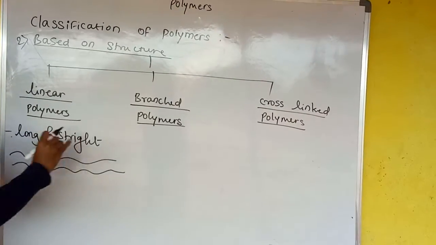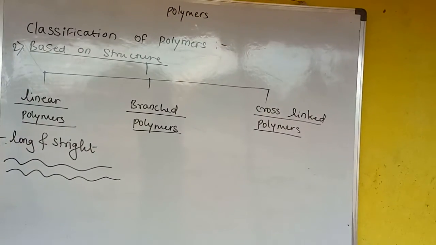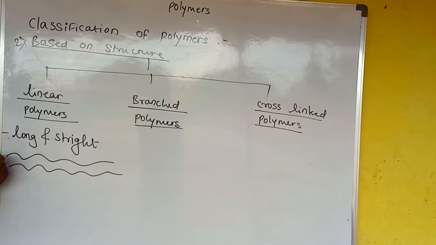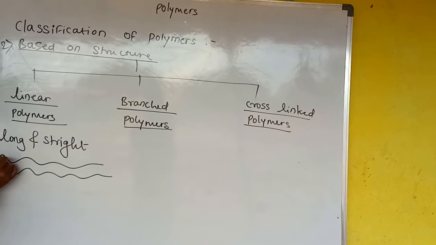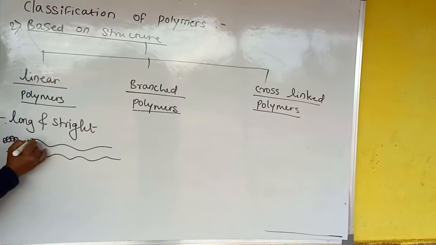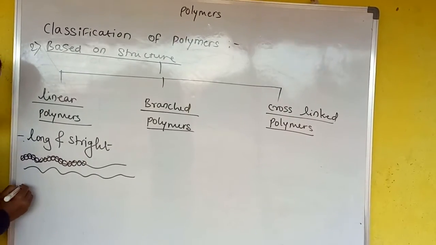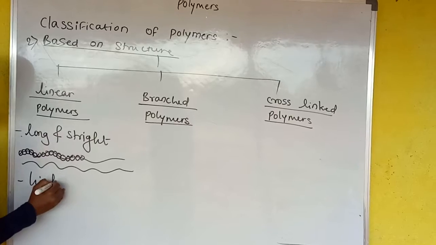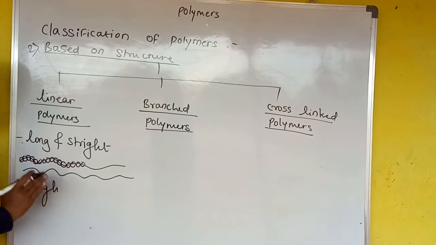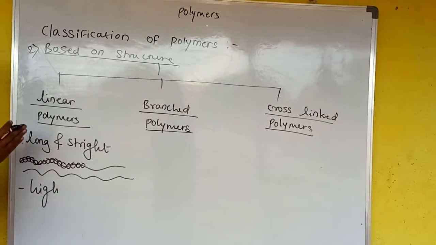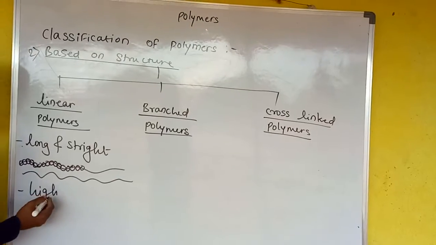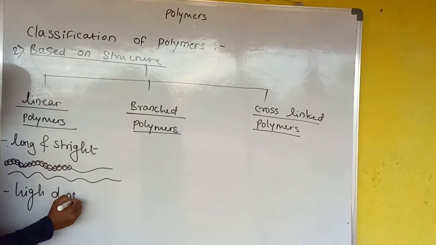They are just long and straight. The molecules which are arranged in that thread are closely packed, and because of that it has high density. There is no intermolecular distance. That's why it has high density.